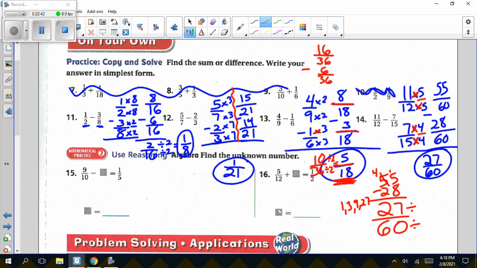So which one of those would go into 60 as well? And that would be 3. So we're going to divide both the top and the bottom by 3. 27 divided by 3 is 9. 60 divided by 3 is 20. So the final answer is 9/20 in simplest form.